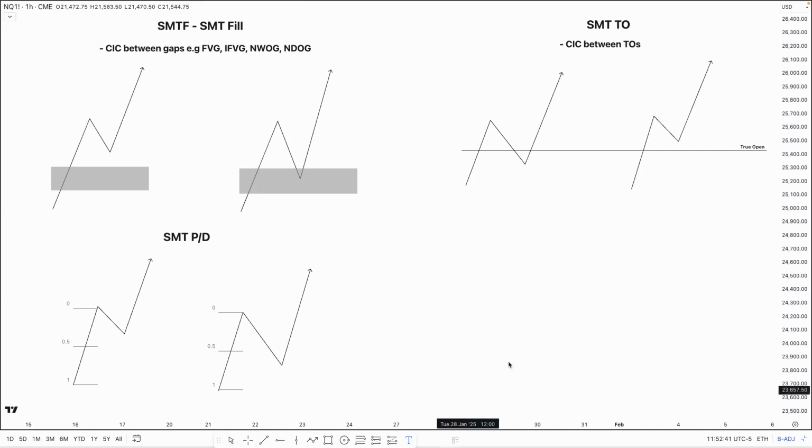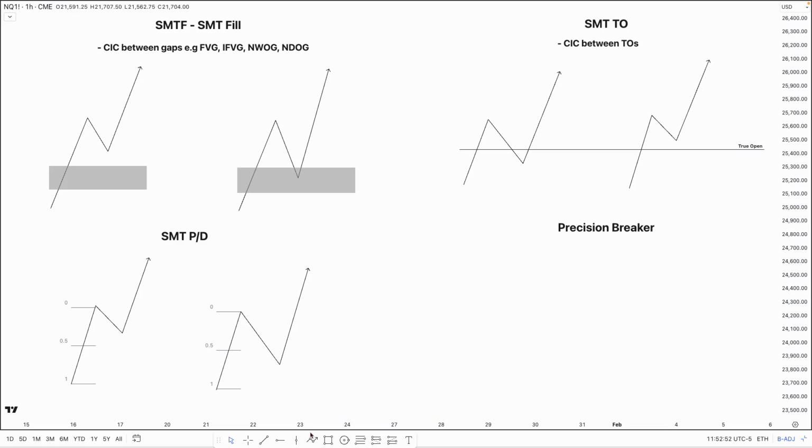And then the fourth one will be a precision breaker. Okay. I'm sure you know what our breaker block is. We have a high, a low, a high, high, and then a lower low.